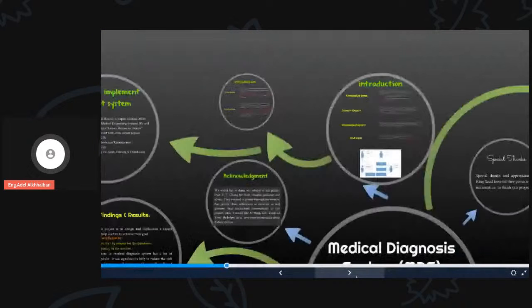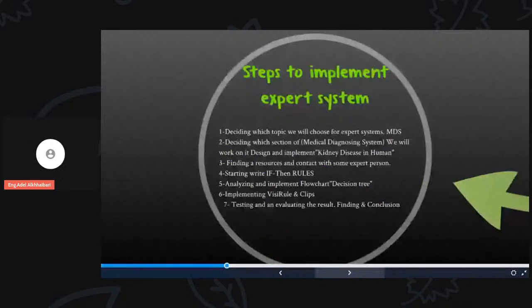First of all, I wanted to give some steps to implement an expert system. First, deciding which topic we will choose for the expert system. Second, deciding what section of medical diagnosis system we will work on: design and implement kidney disease in humans.